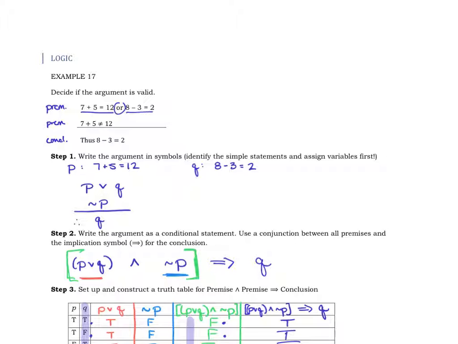Because if the argument itself isn't valid, it doesn't matter whether the statements themselves are true or false, because the argument falls apart before you can even begin to make your claims. So at this point, don't worry about whether you think, but that's ridiculous, it's not true. We're not asking whether 8 minus 3 equals 2. We're asking whether or not the argument being made has validity.